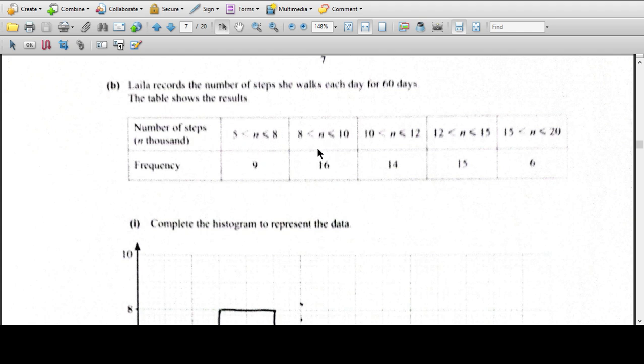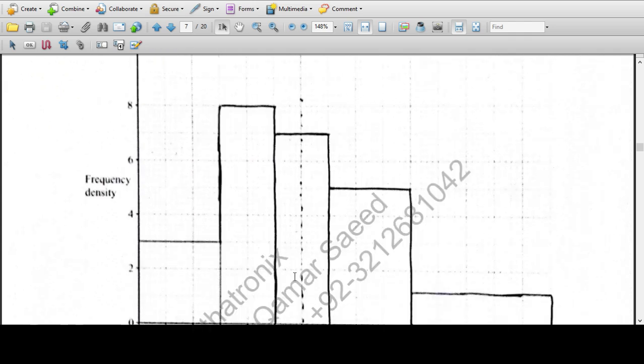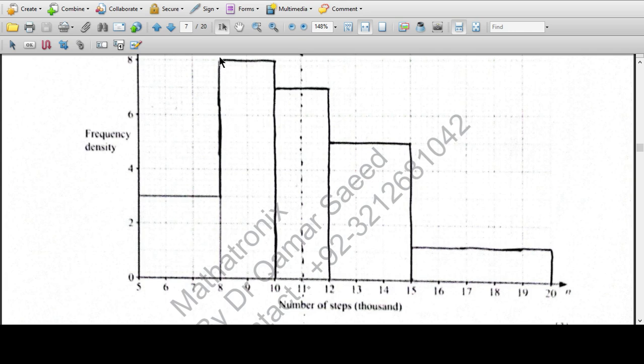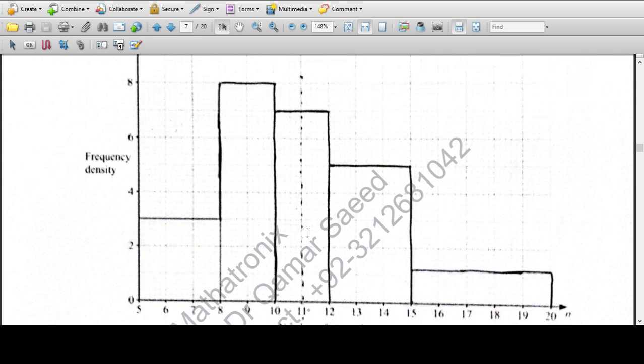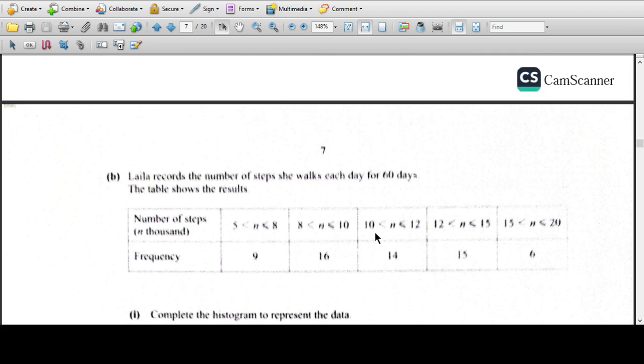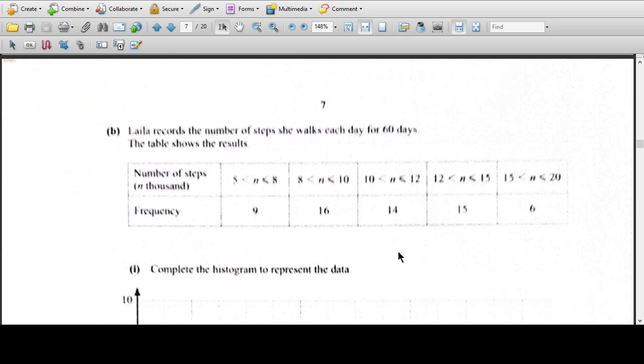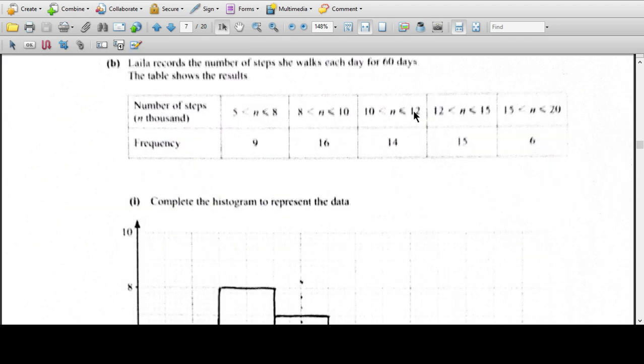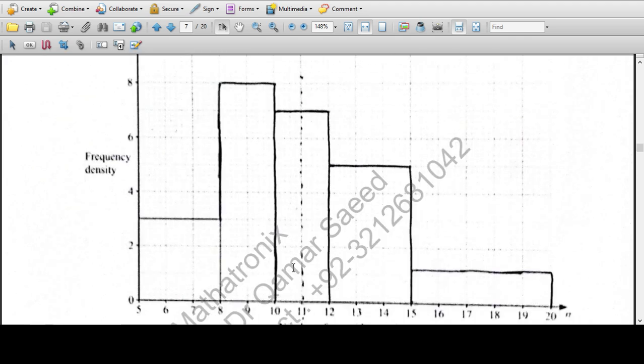In the next, 10 minus 8 is 2, and 16 divided by 2 is 8. So in the next step, we draw 8 for the 8 to 10 band. For 10 to 12 the frequency is 14, so 14 divided by 2 is 7.